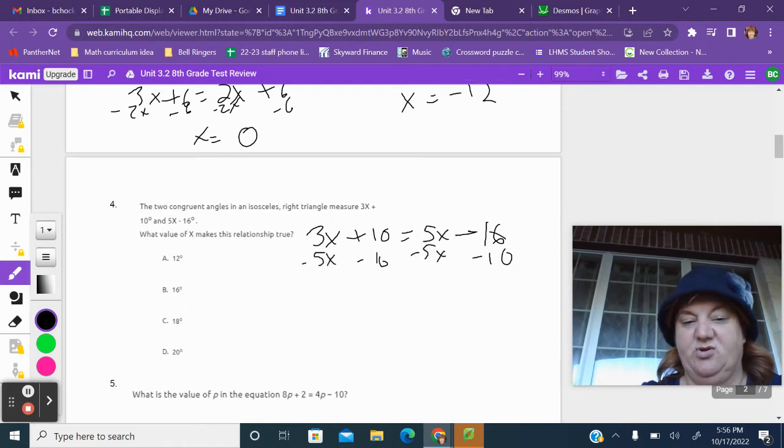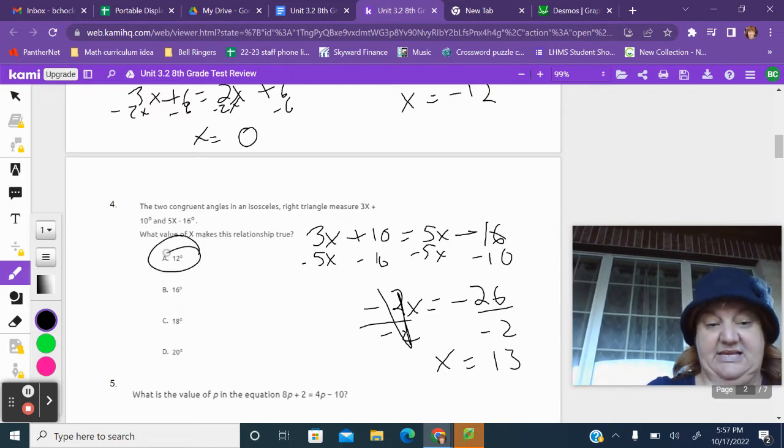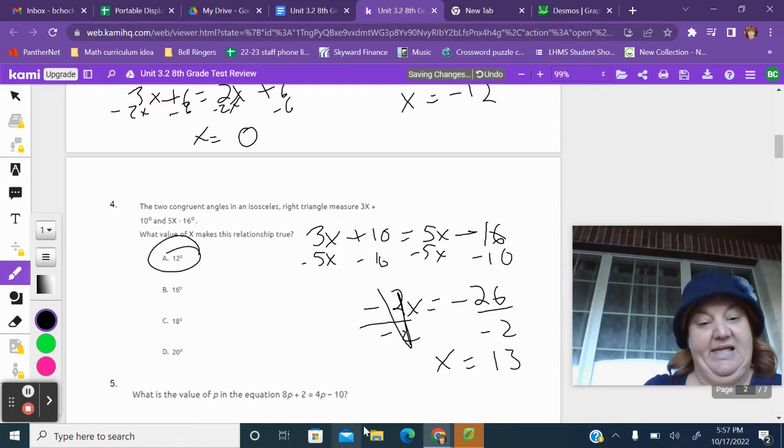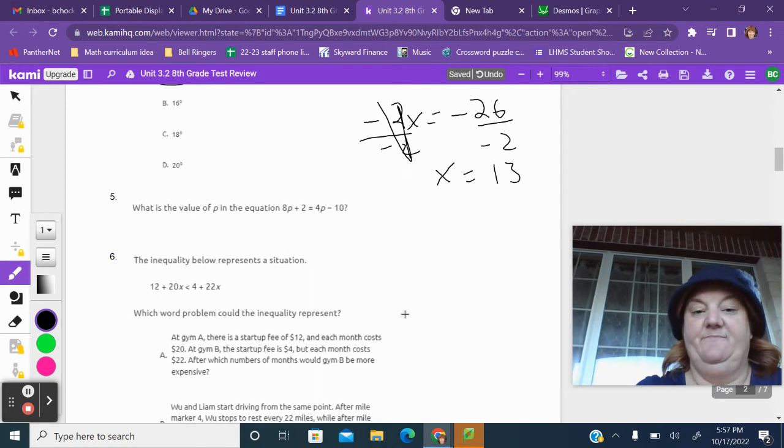I'm doing a shortcut. I'm doing it all in one step. Negative 2x equals negative 26. Divide by negative 2, divide by negative 2. The answer is x equals 13. There is no 13, so we chose 12. Okay, moving on.